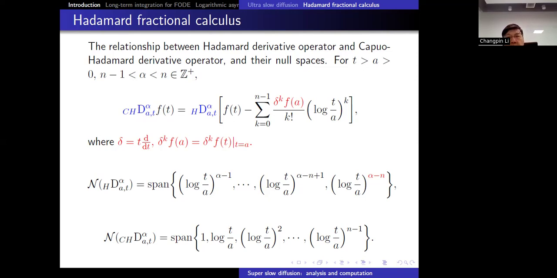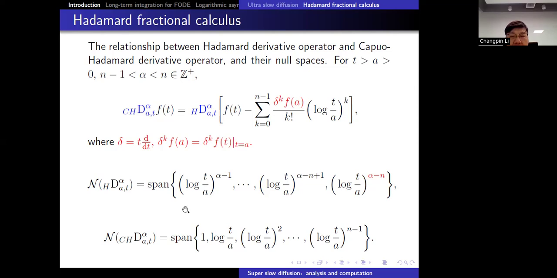In the following, we introduce the null space of the two kinds of derivative operator. This is the Hadamard derivative operator. From this, we can see alpha minus 1 is negative. But for the Caputo-Hadamard derivative operator, all of its powers are positive: 0, 1, 2, up to n minus 1.